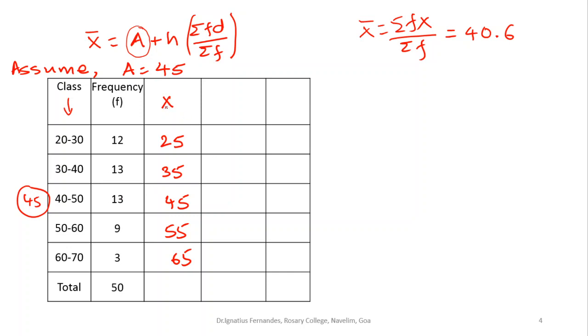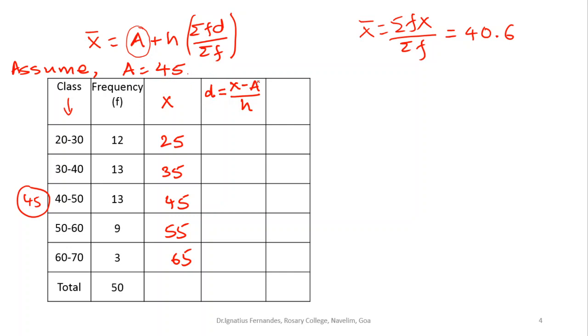After we find out x, then we find out this d. As mentioned earlier, this d is the deviation of the x values from the assumed mean, so x minus a divided by the class size, that is h. Now the class size here is 10, so h here is 10, and a is equal to 45.